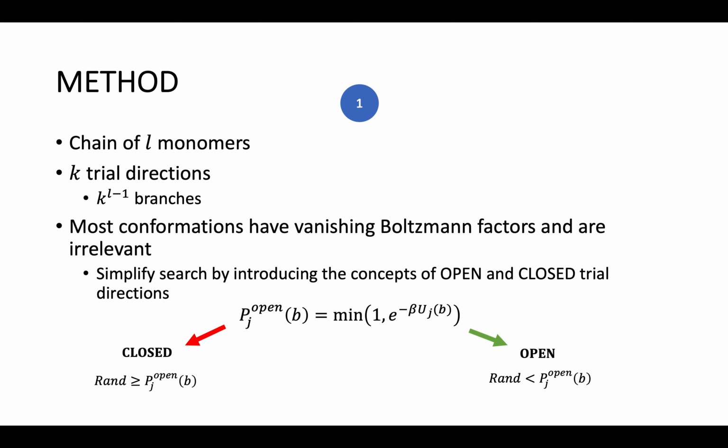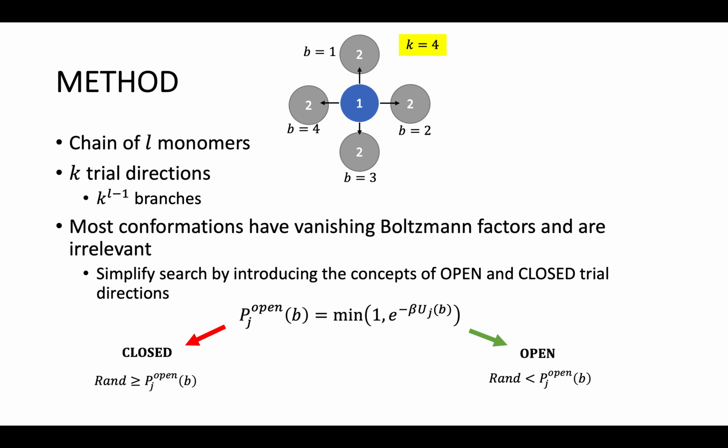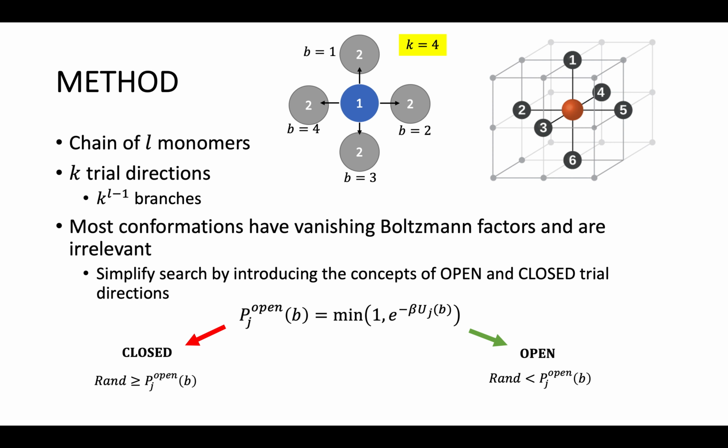Then we would insert monomer 2 right next to monomer 1, because we're talking about a connected chain. Monomer 2 could be inserted in any of k different trial directions. For example, on a cubic lattice, we would have k equals 6 possible neighboring spaces to add the next monomer of the chain.